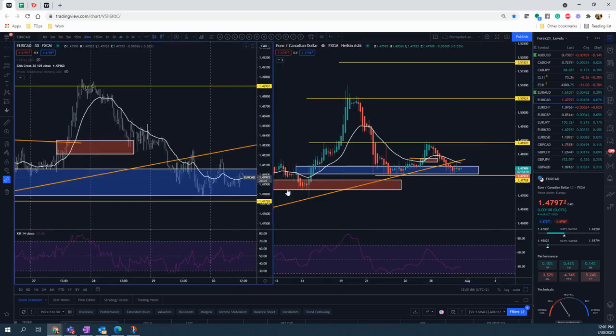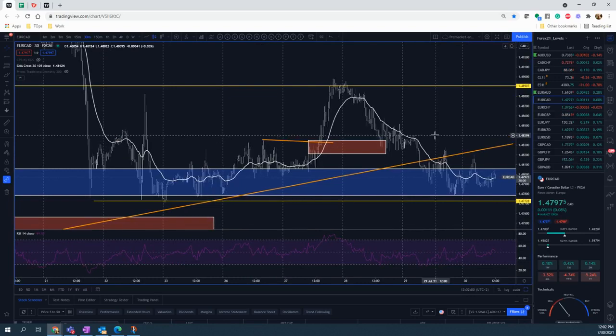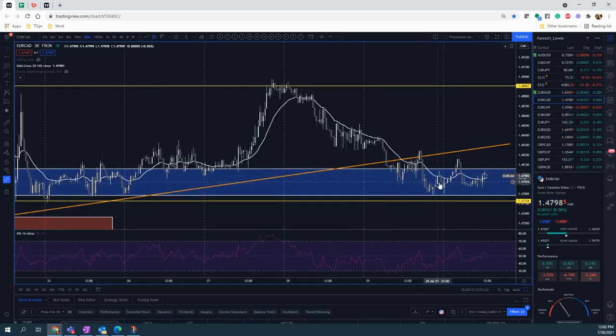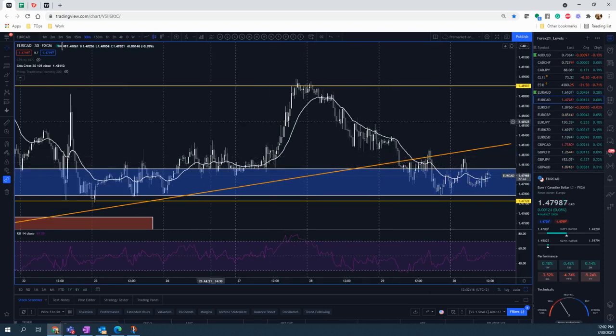So let's now inspect the lower time frame, which is usually the one that I use for entry. Forget these areas here, because they were lines before. So here is the key support area. Price is actually doing a stop hunt pattern. Imagine that traders usually place their stop loss below this support here.